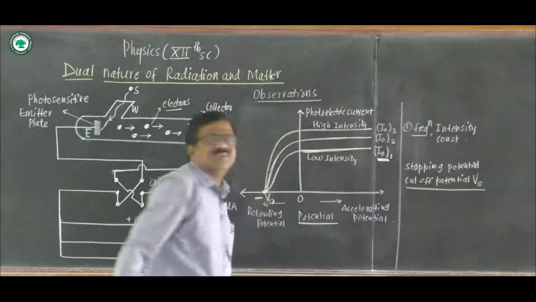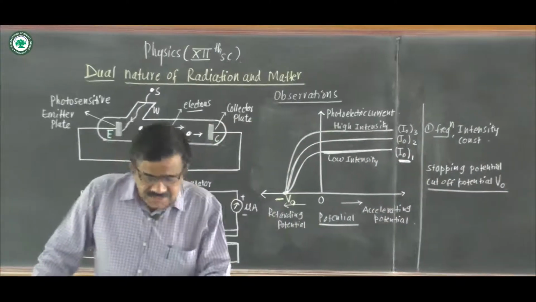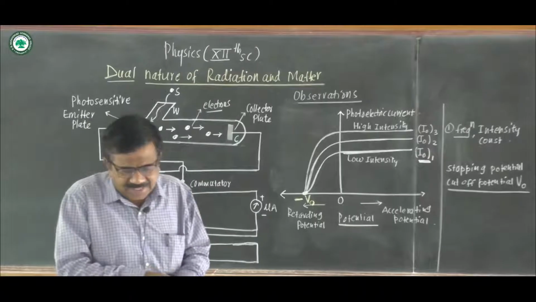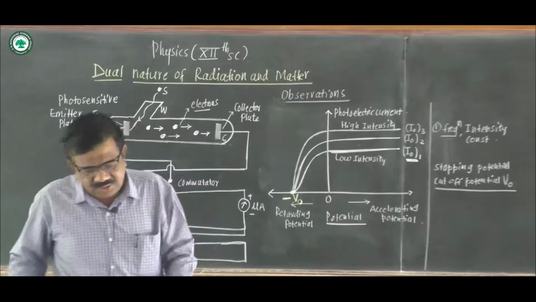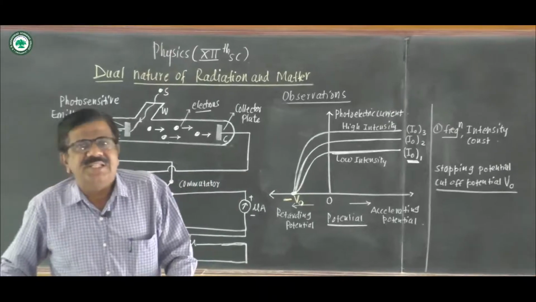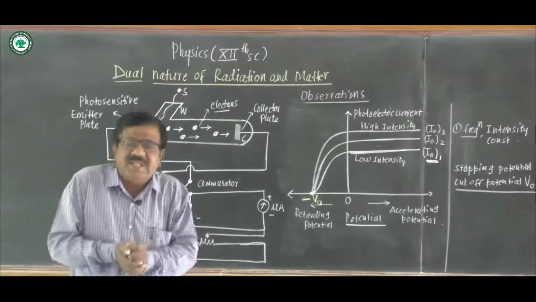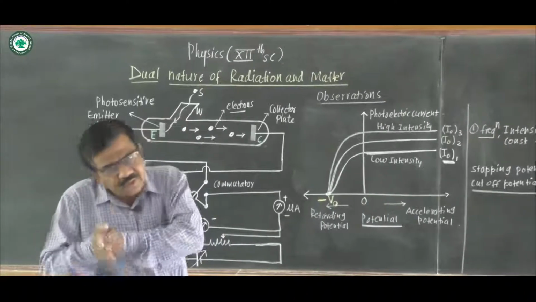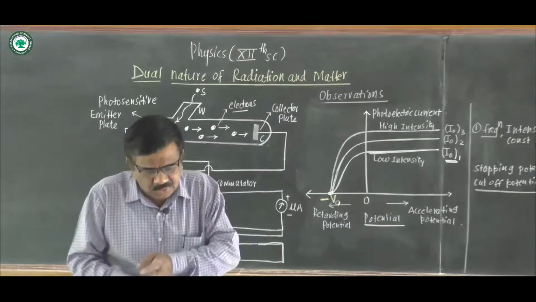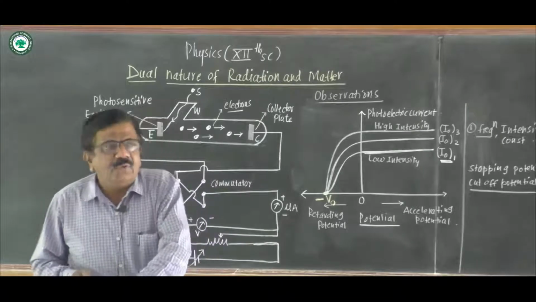So what is the definition of stopping potential? It is the minimum negative potential given to the collector plate for which the photoelectric current becomes 0.